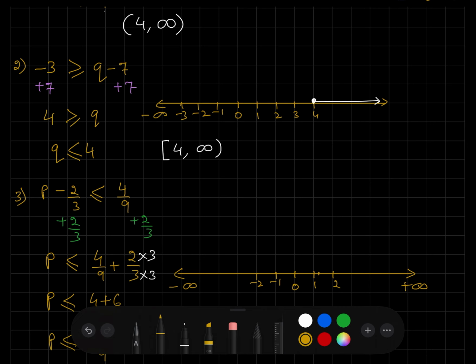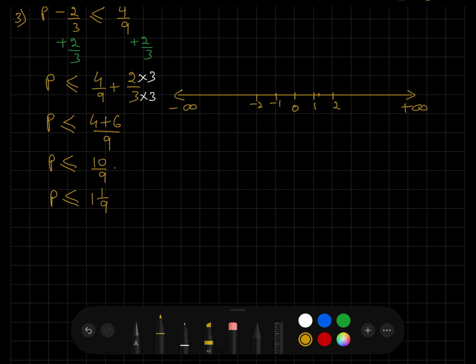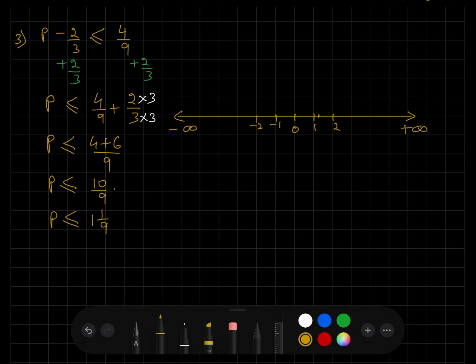Above, let us also locate negative infinity and positive infinity, and here also negative infinity, positive infinity, right? So now p is less than or equal to 1/9. How will we plot it? Equal to means on 1/9 I will put a solid dot, and since it is less than, on the left-hand side I will extend my line and show an arrow in this manner.